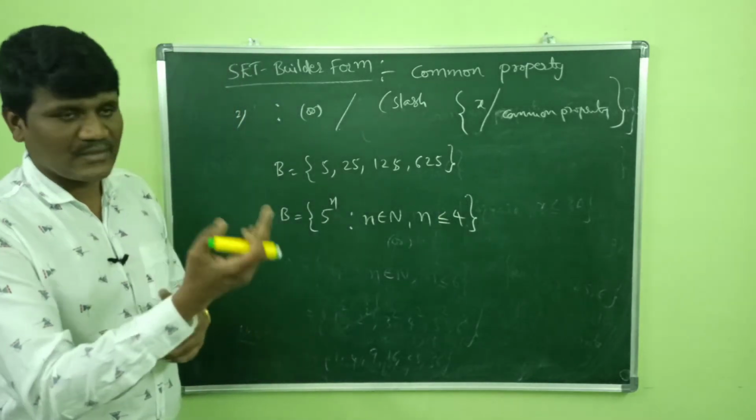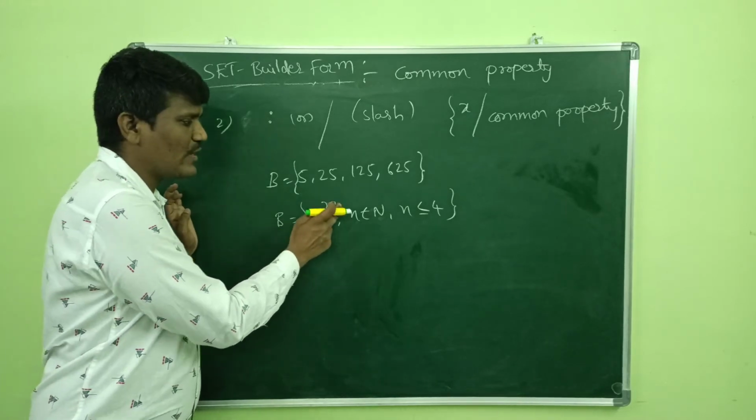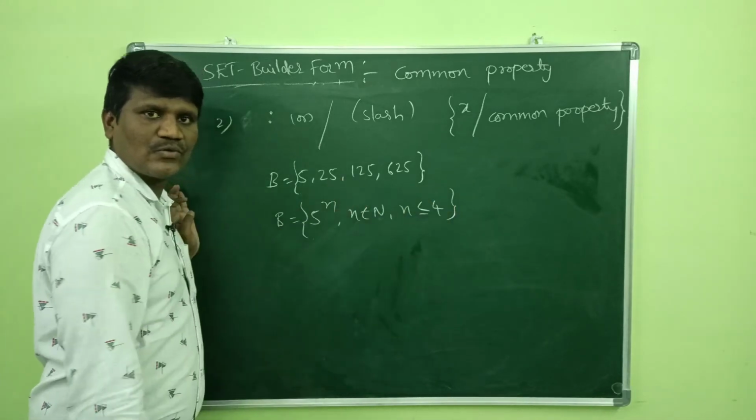What is the next method which we can write? First one is B is equal to 5 power n, n belongs to N, n less than or equal to 4.